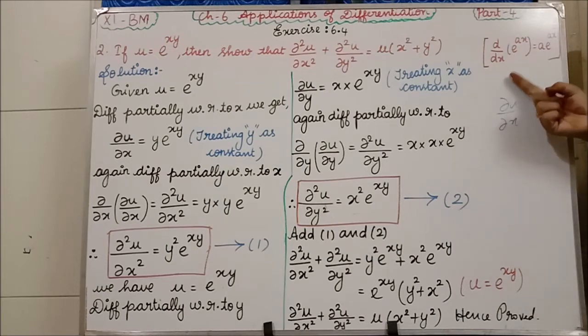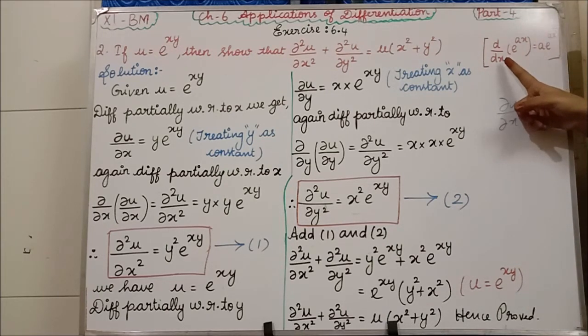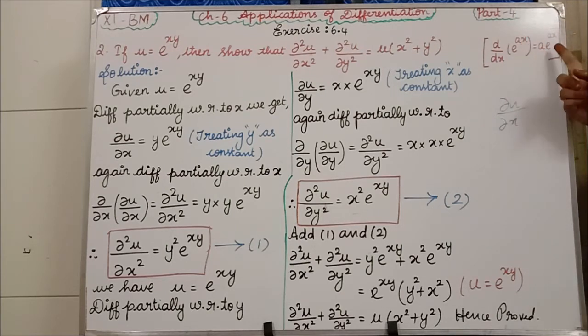Differentiation of e power ax means, see what the formula says: when you are differentiating with respect to x, the constant term will come before. So the constant is a, so that a into e power ax. This is the formula which we learnt in the fifth chapter, differential calculus. Based on this formula, I am going to differentiate here.